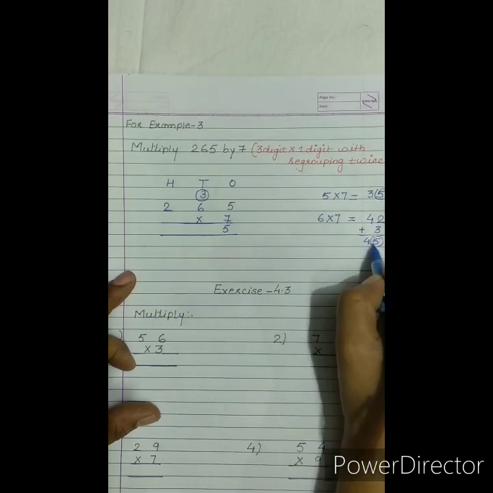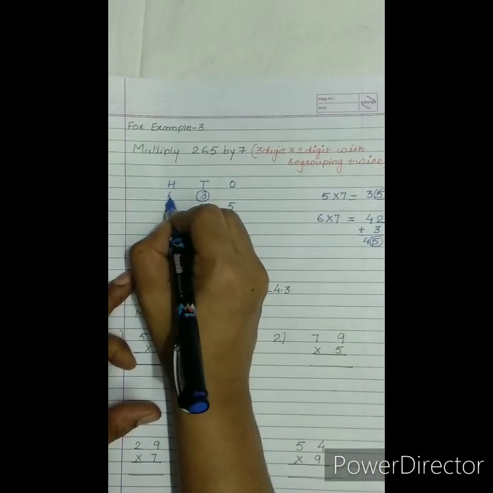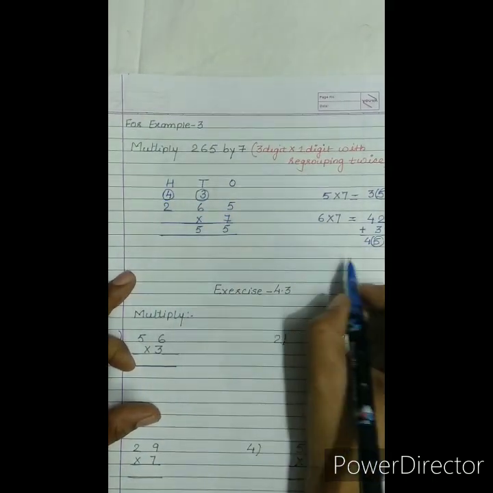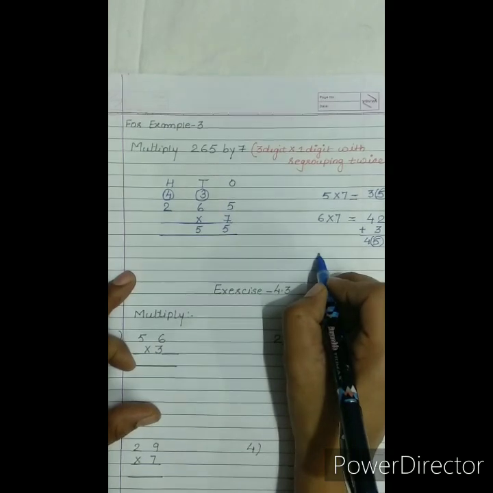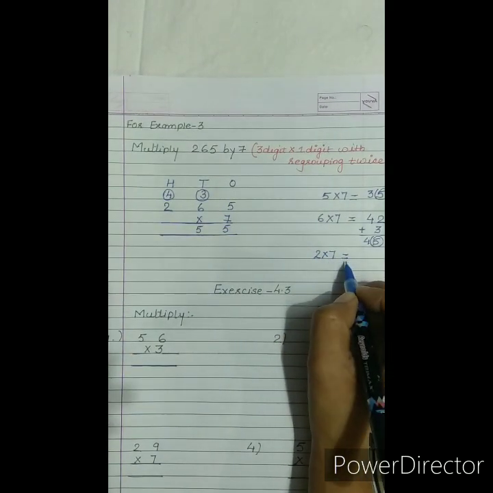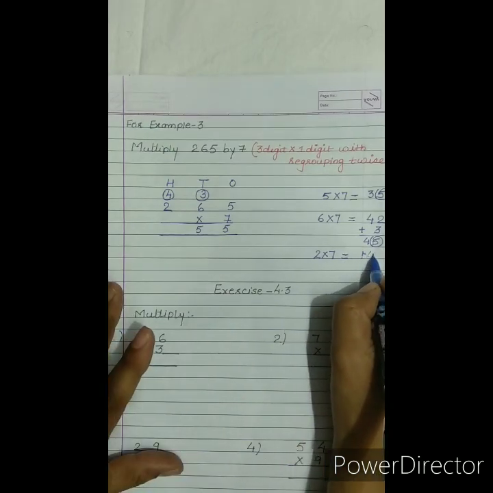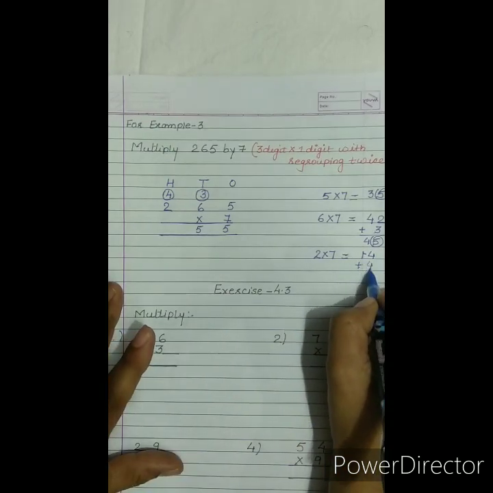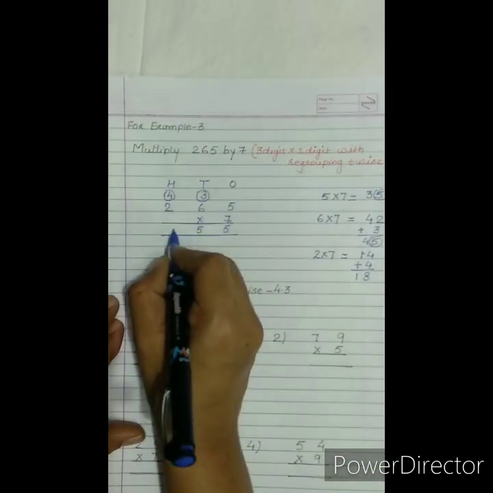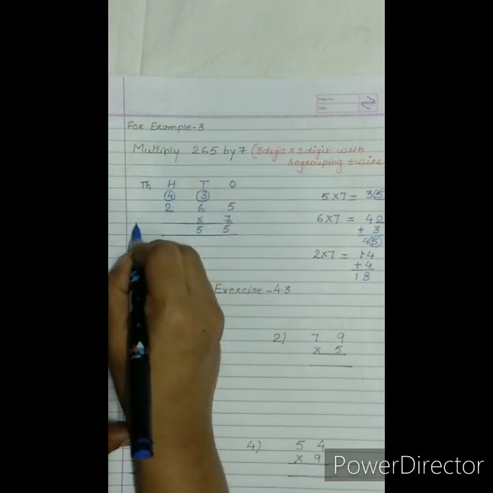So 5 comes below the tens place and this 4 goes up as a carry to the hundreds place. Now again the hundreds place digit is 2. 2 into 7. 7 1 ja 7, 7 2 ja 14. 14 plus 4 carry is equal to 18. So write here the thousands place also. Yes.